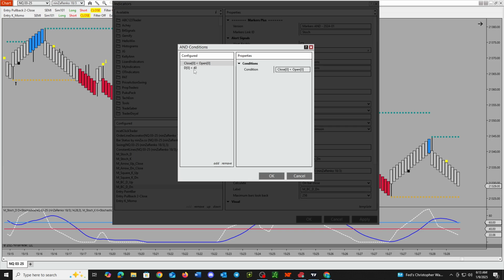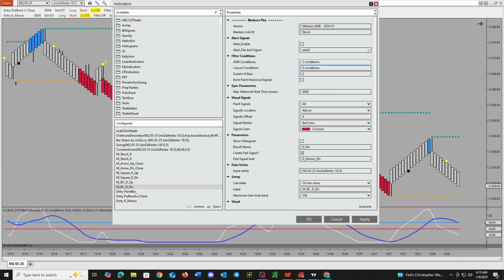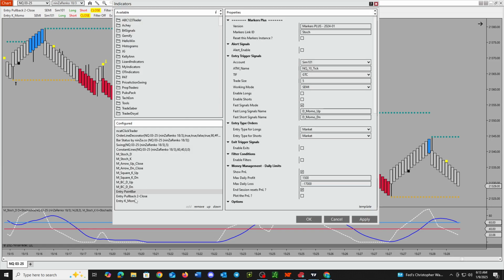So as long as D, the blue line, doesn't go above 60, when the bar closes up, it just turns gray. And you get the %K above, a little bubble above %D. Now, there's a paint bar entry module; these three here are markers plus entry modules.